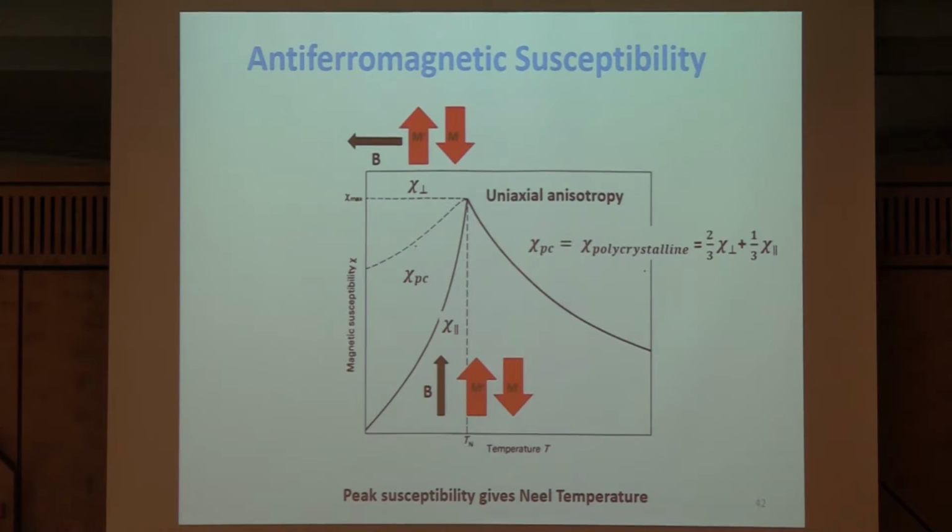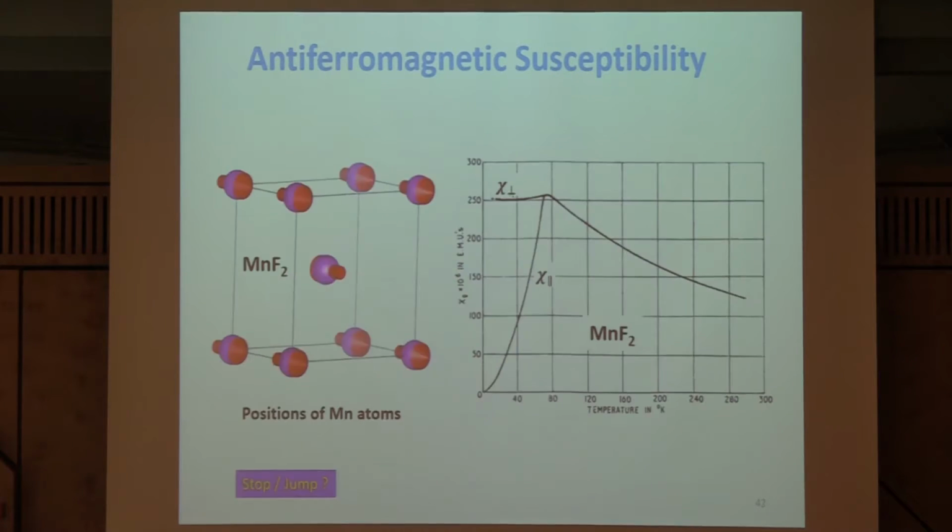respect to the uniaxial axis. So, this is a uniaxial case. If you have a uniaxial antiferromagnet and you apply the field perpendicular to it, you can actually induce a little bit of canting. And the susceptibility ends up being pretty much temperature independent, because what happens is the rate at which the canting angle increases for a given applied field is inversely proportional to the rate at which the moment, the size of the magnetization, increases.